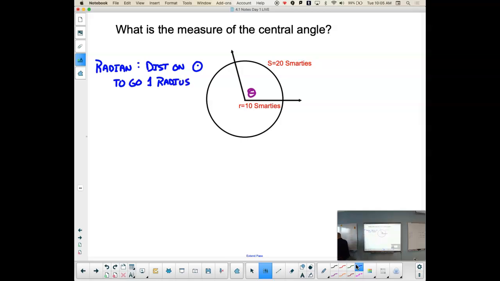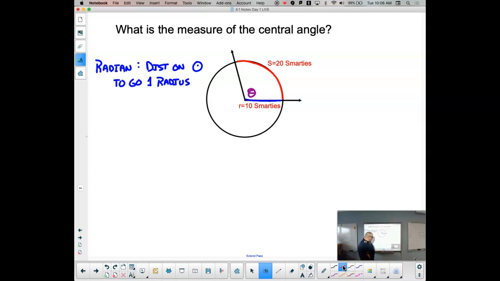So if my radius is 10 and my arc length is 20, how many radians did I go? If my radius is 10, so this distance here is 10, and this distance here is 20, how many 10s did I go on my circle? 2.